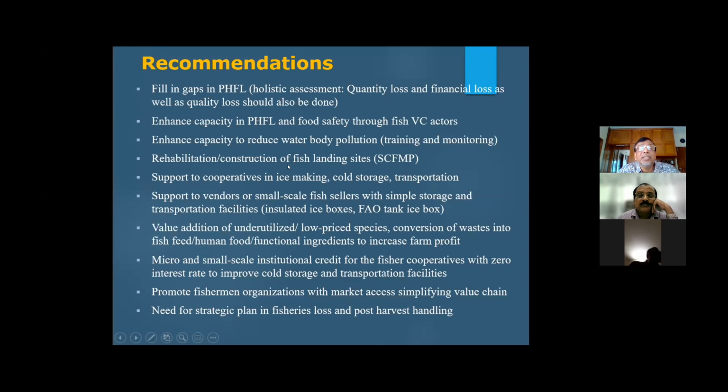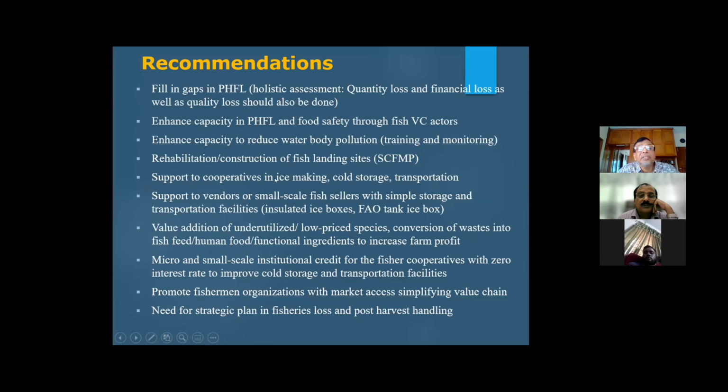This is very important because without a good landing facility and good transportation facility, we cannot even think of reducing our post-harvest loss, and the sustainable coastal and marine fisheries project can handle this, and they have been handling it so far as I know.